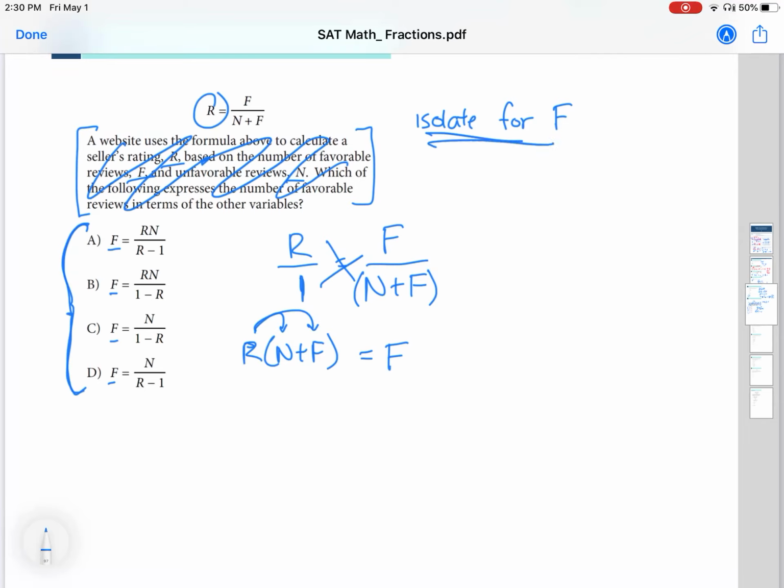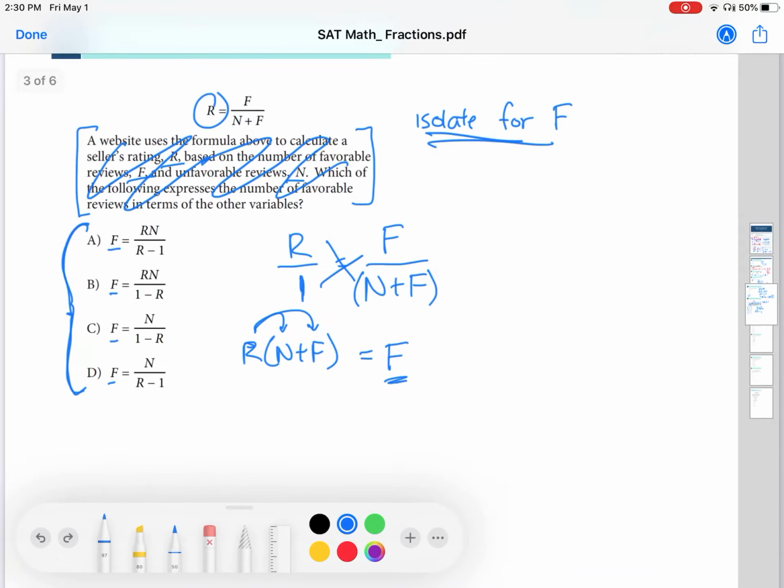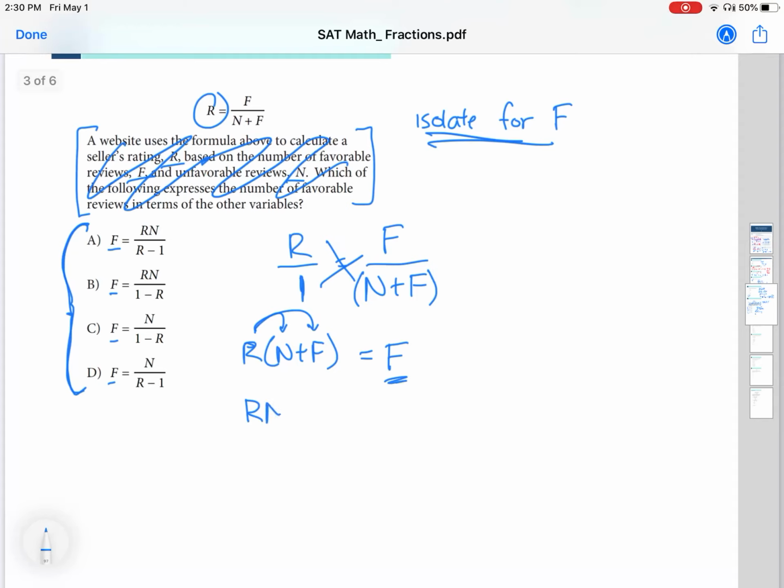Remembering my goal here is to isolate for F. So I got F over here, but I got an extra one hanging out right there. So I got to figure out a way to get rid of that F. What I am going to do is free it from the parentheses by distributing the R into it, and then I'm going to group it to the other side.